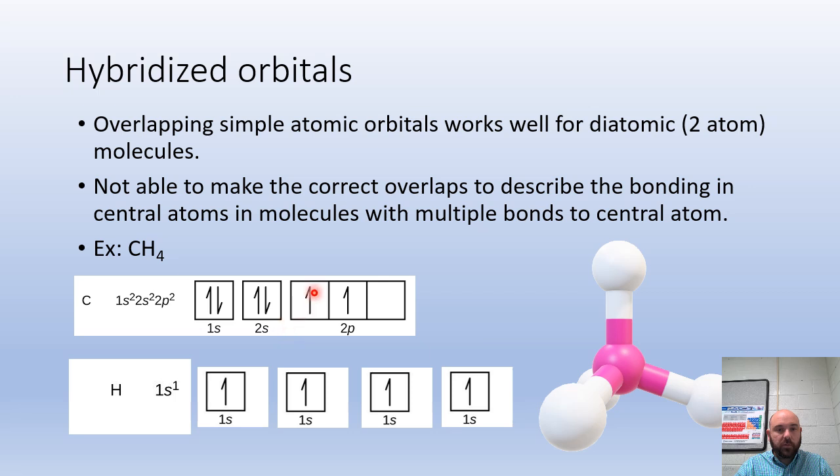one s orbital with one of the 2p orbitals, another 1s orbital with one of the other half-filled 2p orbitals, and then we're out of half-full orbitals with which to overlap. We might suggest that each of these s orbitals overlaps with a 2p orbital, but that would only result in 3 regions of electron density, which would not lead to the tetrahedral shape of the molecule.